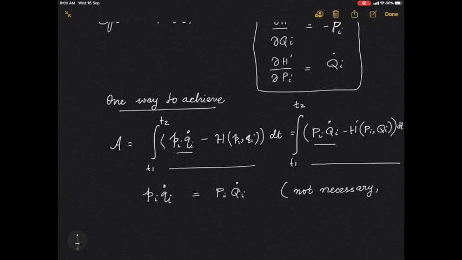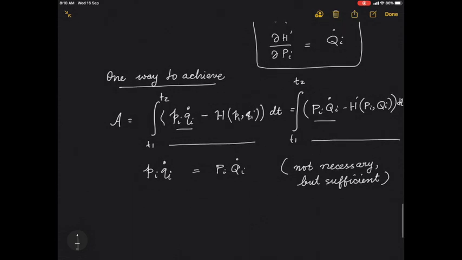It's not a necessary condition, but sufficient. What do I mean by that? I mean that if this happens, then this will work out. It may still work out if that doesn't happen.